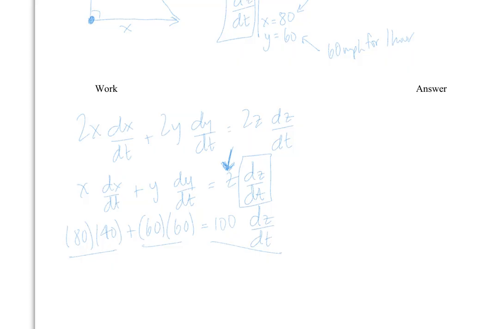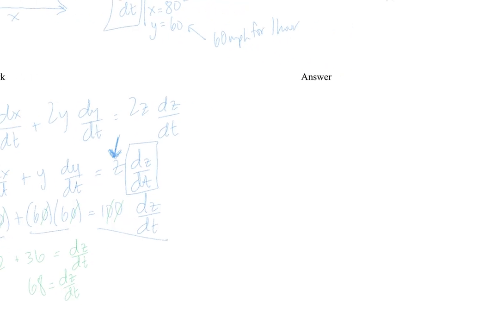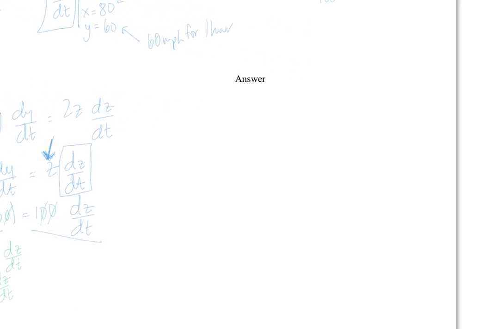Again, I don't want to have to deal with such large numbers, so I'm going to get rid of 2 zeros here, 2 zeros there, 2 zeros there, which then gives me 32 plus 36 equals dz/dt, which ends up being 68. All right, which makes my whole final answer this.